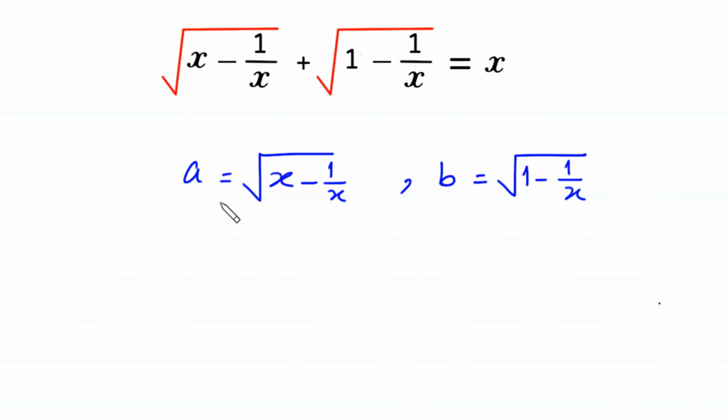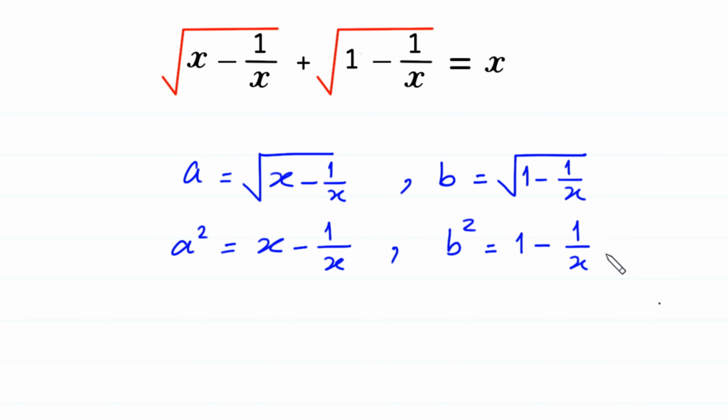And from here, if we take square of both sides, then a square is equal to x minus 1 over x. And if we take a square of both sides, then b square is equal to 1 minus 1 over x. We name this equation 1 and this equation 2.